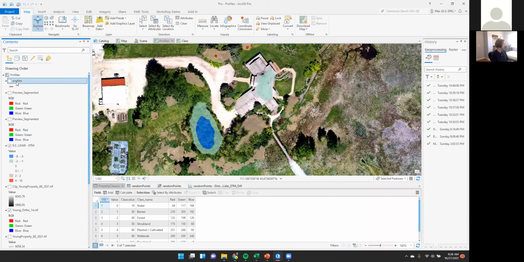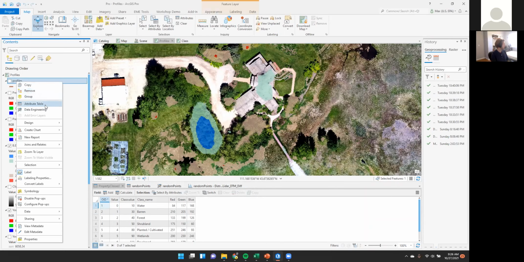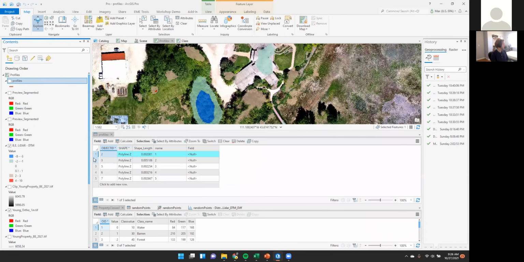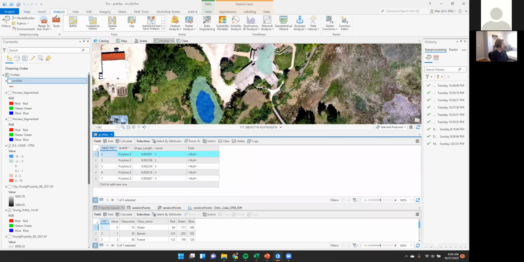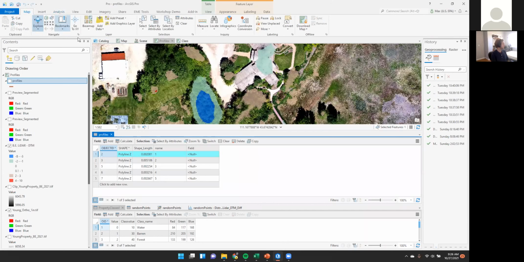So if I pop open my profiles lines and select that, analysis. Oh, I'm lost.